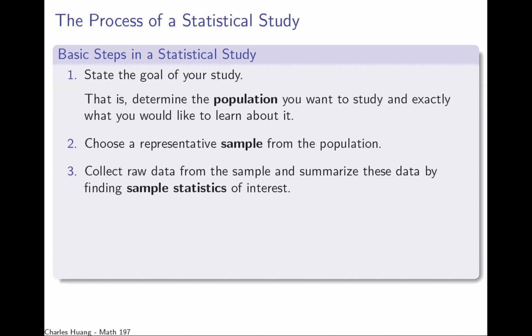From our sample, we're going to gather data, and we're going to get some information from the sample, and we call them sample statistics. And using these sample statistics, we can answer something about the population.